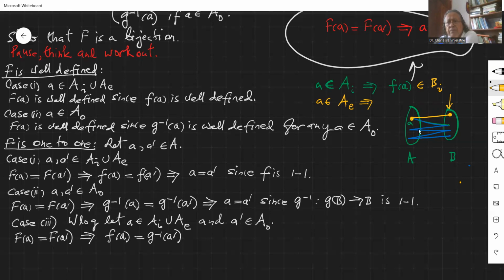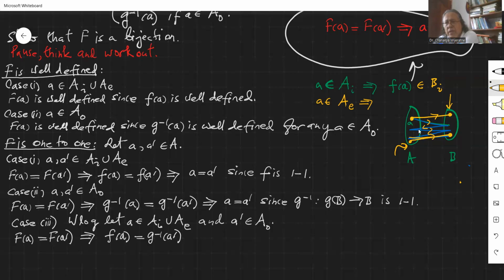It stops in A. So it has to come back and stops because it has an even number of ancestors. It stops here, and then when you take f of that element, this is going back.